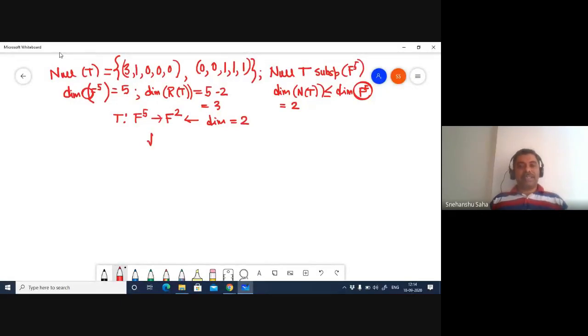So the dimension of range of T, which is supposed to be a subspace of F2, is greater than the dimension of F2.